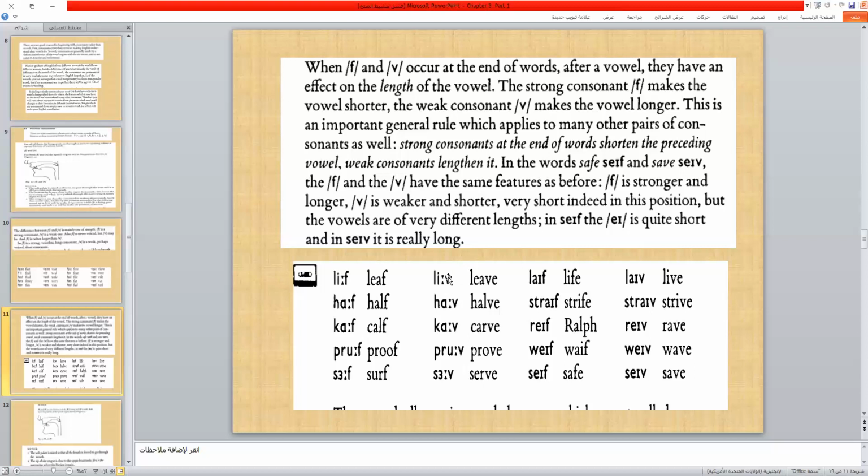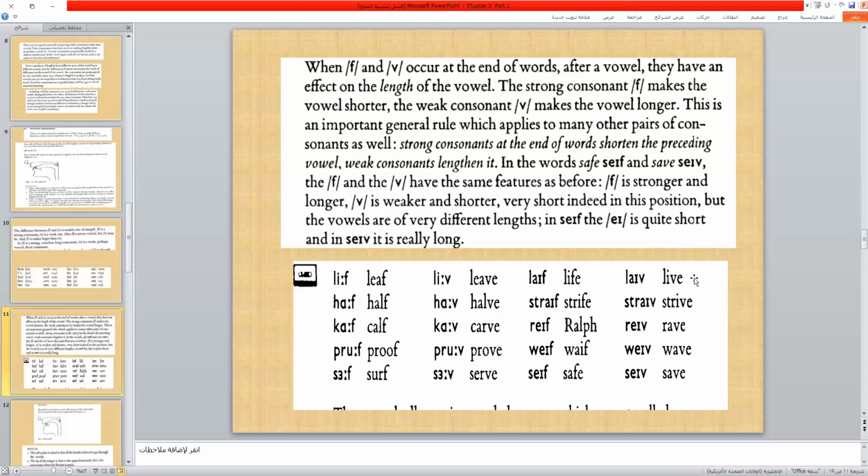Because it's followed by a voiced, weak, lenis consonant. And we could say that the E here is shorter. Why? Because it's followed by a voiceless, fortis, strong consonant. The same thing applies to other pairs.